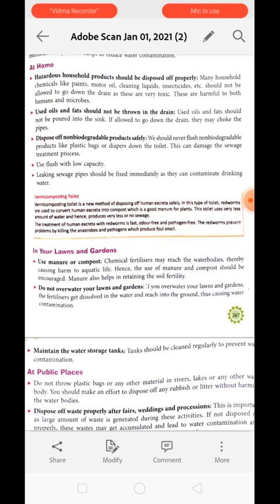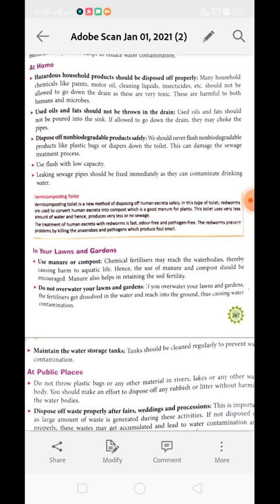These are harmful for both humans and microorganisms as well. Second point, used oil or fat should not be thrown into the drain. Used oil and fat should not be poured into the sink. If allowed to go down the drain, they may choke the pipes. That is why it should be avoided.